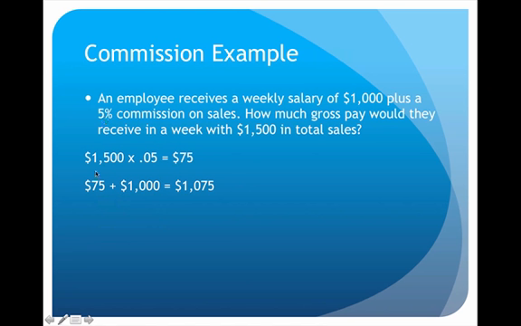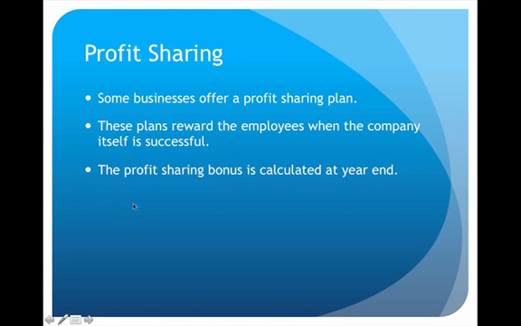So we take the sales that they had for the week of $1,500. We want 5% of that. Now to get that calculation, I need to have that 5% as a decimal. So the decimal equivalent of 5% is 0.05. So that means a $75 commission. And when that's added on to the original salary, their gross pay would be $1,075.